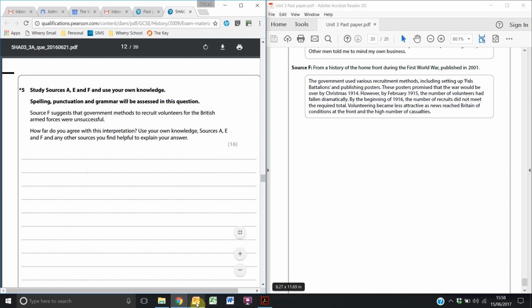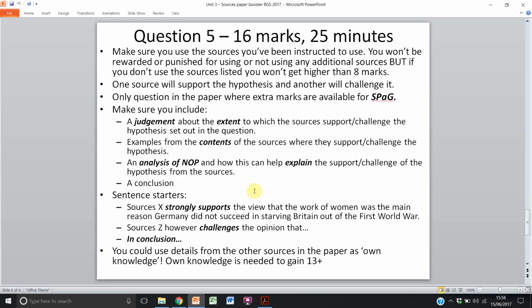Okay? So, just some advice for this question. It's worth the biggest amount of marks. It's worth 16 marks, plus there are those additional 3 marks available for spelling, punctuation and grammar. So absolute minimum amount of time you need to spend on your answer is 25 minutes. Make sure you use the sources you've been instructed to use.